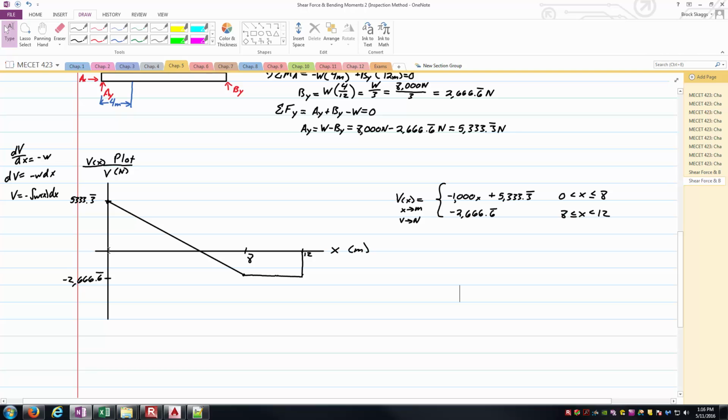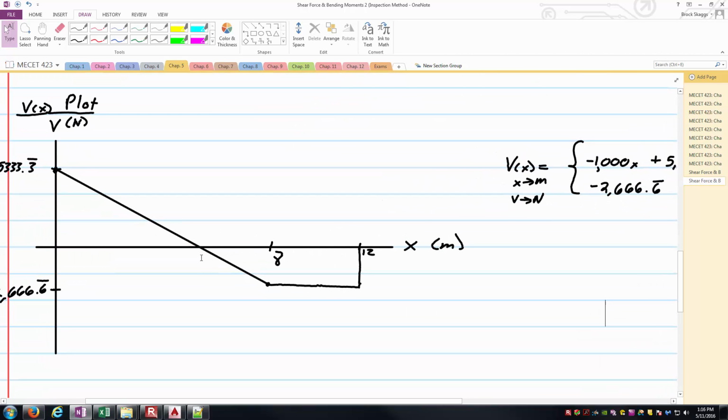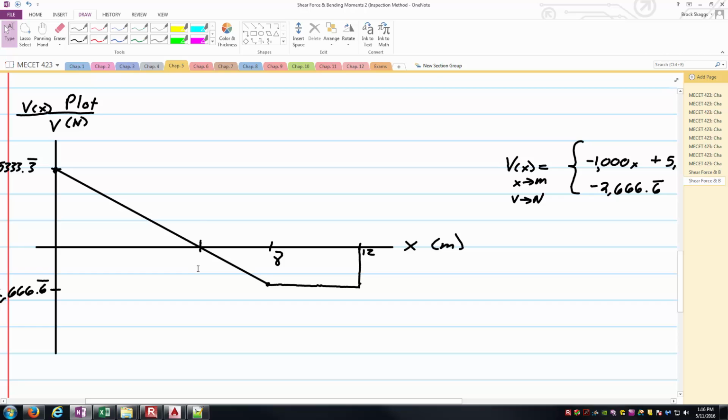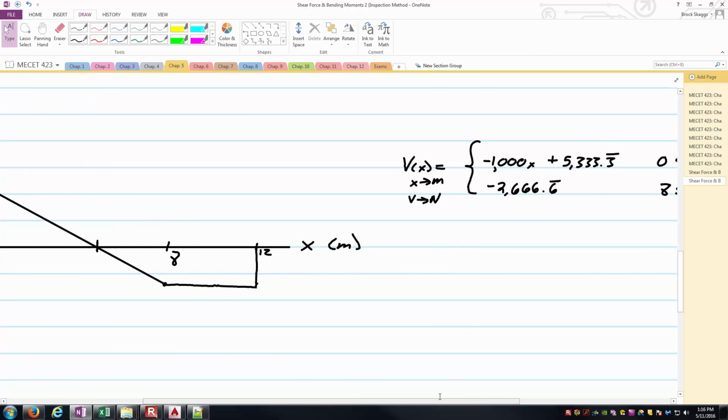The only other thing I would like to add is to determine where it crosses the x-axis right here, because that'll be an important point when we start talking about the bending moment diagram. I'm wanting to know where this occurs: x equals 5, x equals 6, x equals 7, and so on. It's easy enough to do because we know the equation of the line. V1 of x is equal to negative 1,000x plus 5,333 and a third.